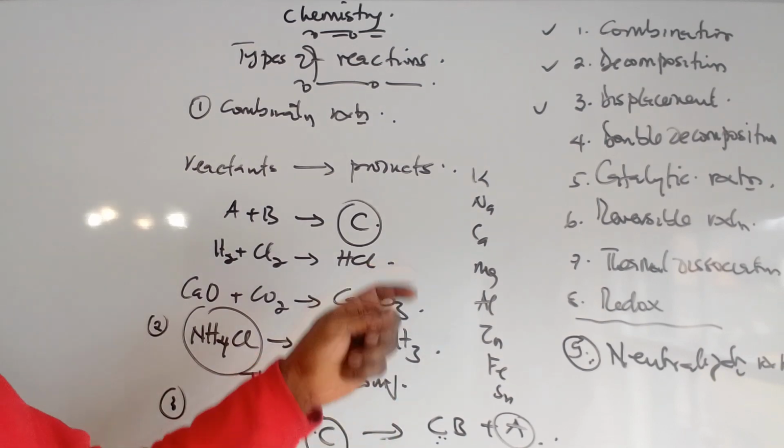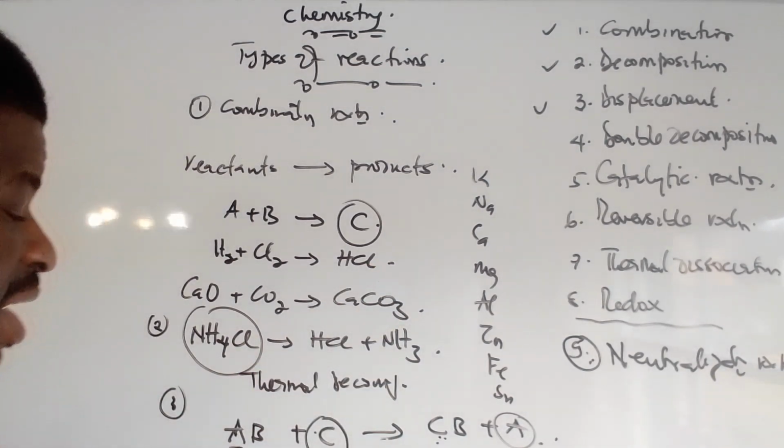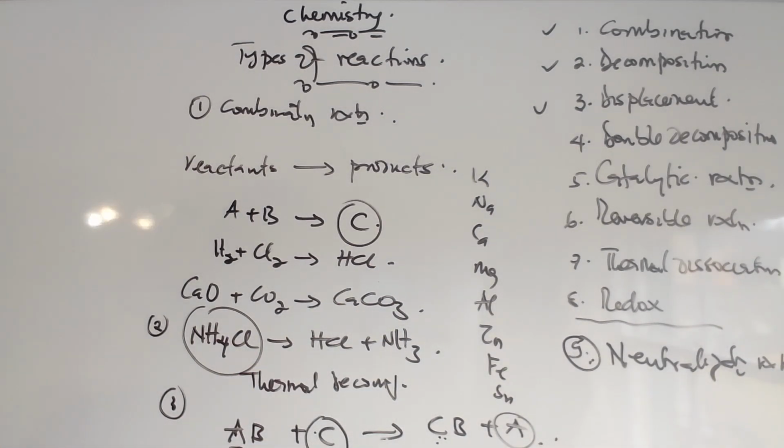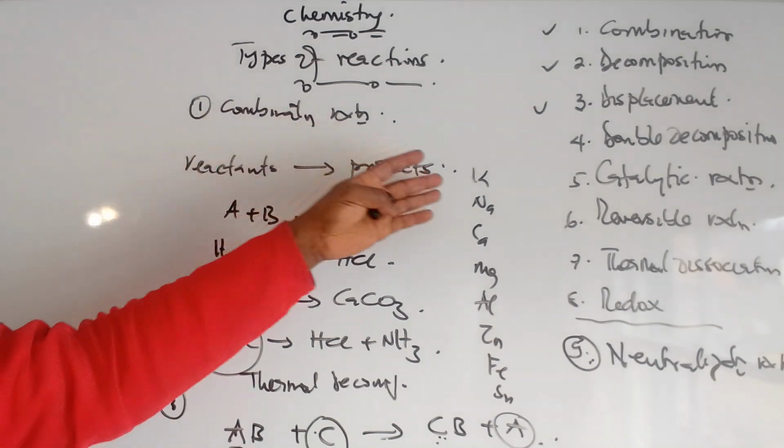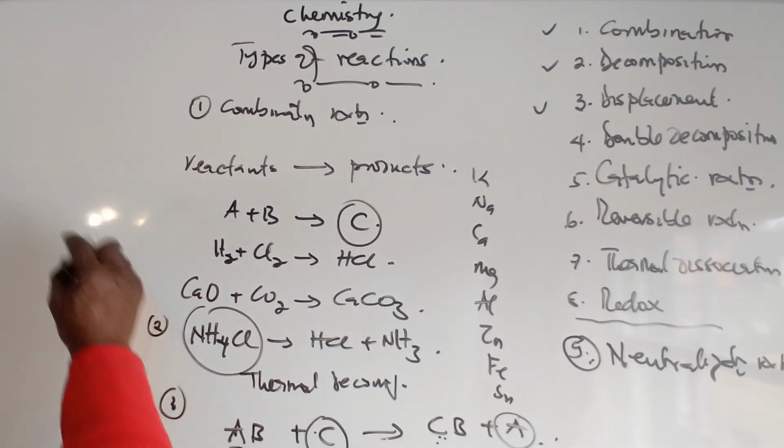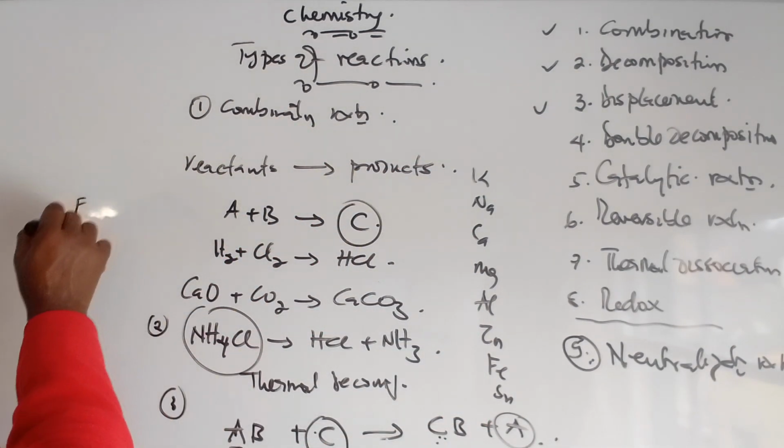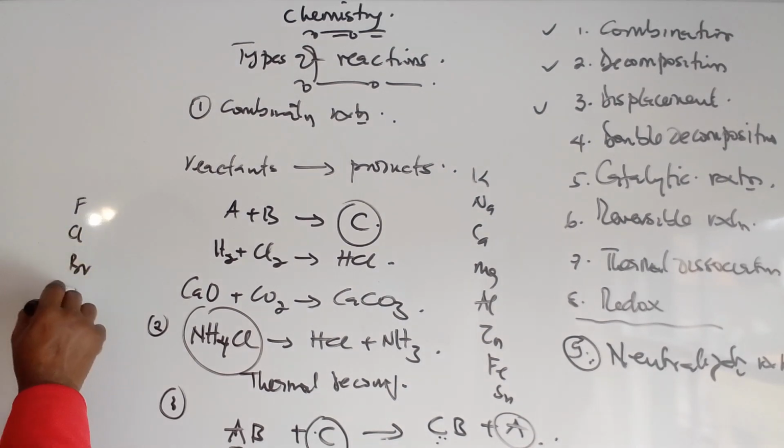In displacement reaction, you have to know the electrochemical series. For example again, potassium iodide plus chlorine. On the electronegative side, it goes fluorine, chlorine, bromine, iodine.